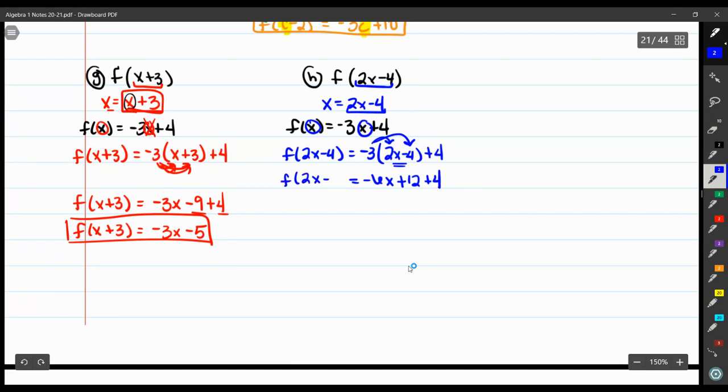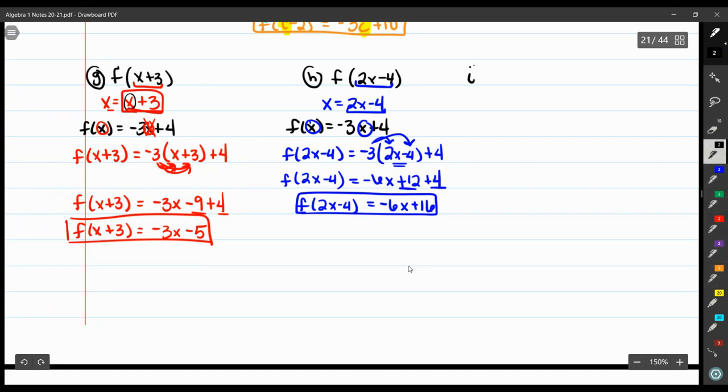So we get f of 2x minus 4. I can combine 12 and 4 together to get 16. So f of 2x minus 4 equals negative 6x plus 16. We're making a new equation by replacing x with something different.